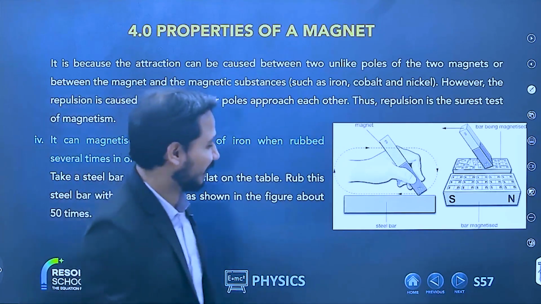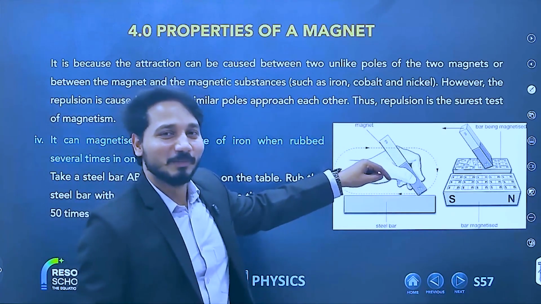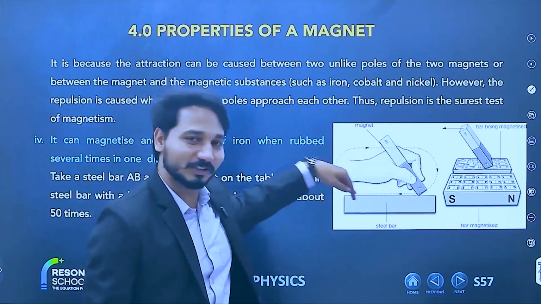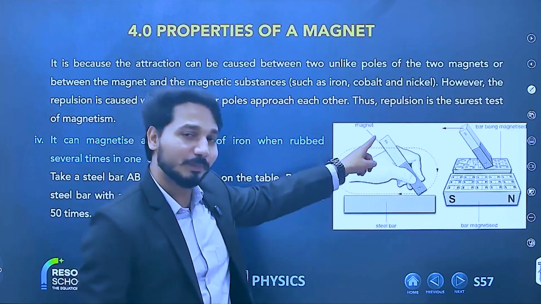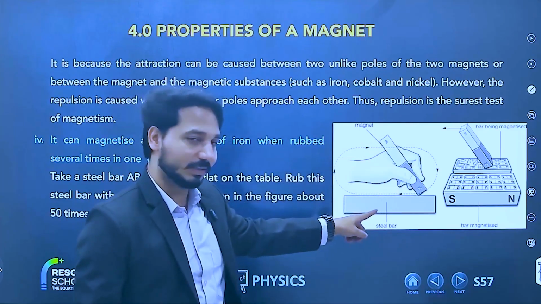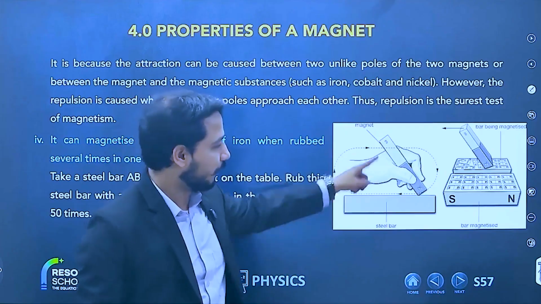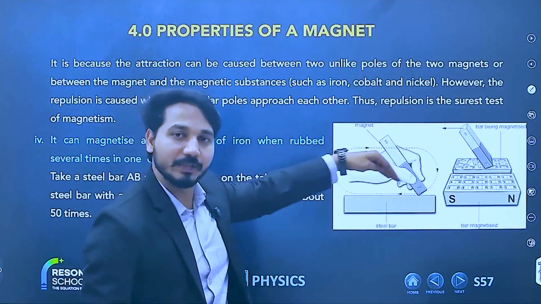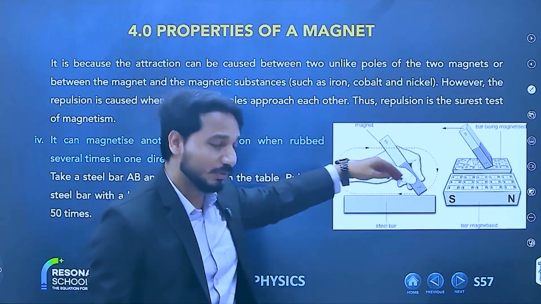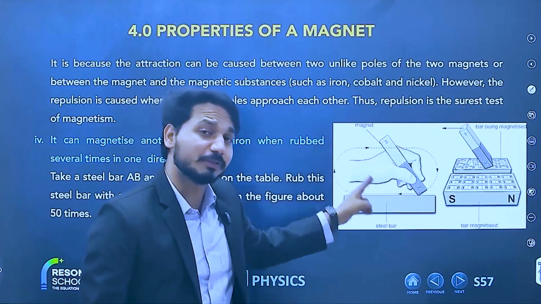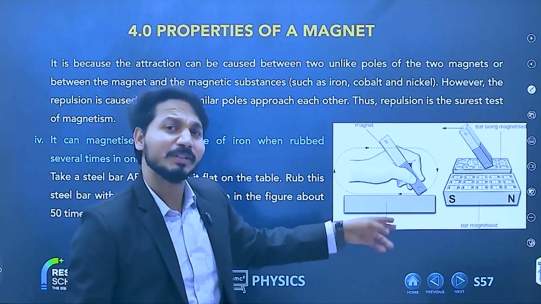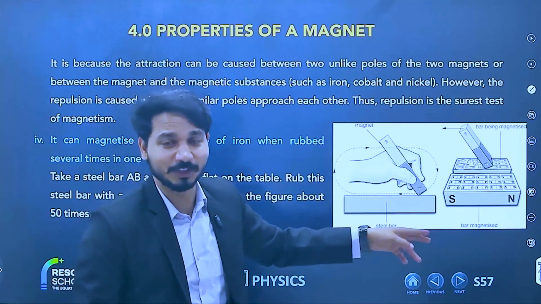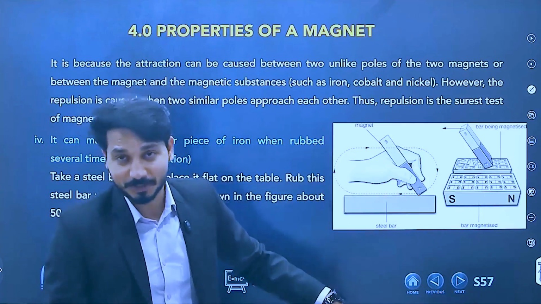If you are rubbing this steel bar or iron bar with a natural bar magnet, it is not one time, two times, 10 times, 50 times. Several times, might be 100 times, 200 times, might even be 500 times.